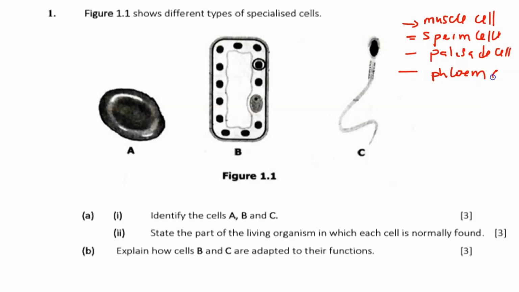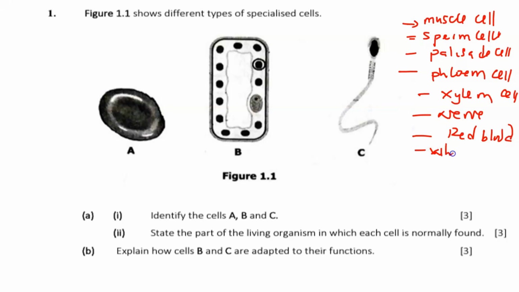We have the xylem cell, the nerve cell, the red blood cell, and the white blood cell. These are some of them. Please make sure that before you go into an exam, you know all these. So let us look at the question.